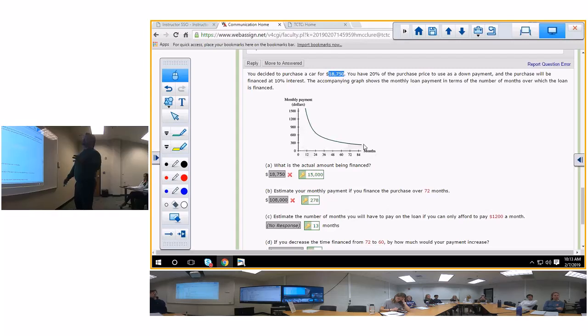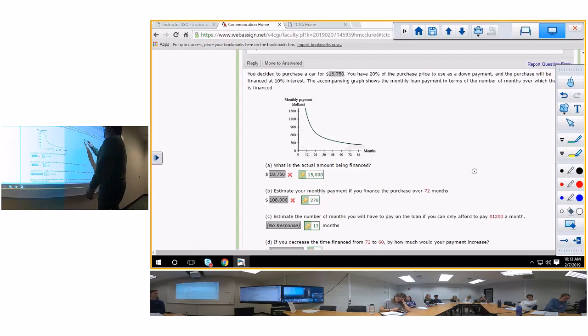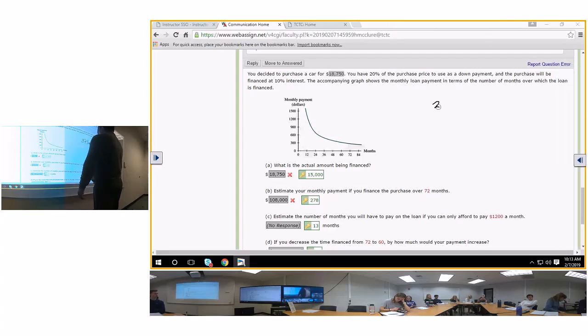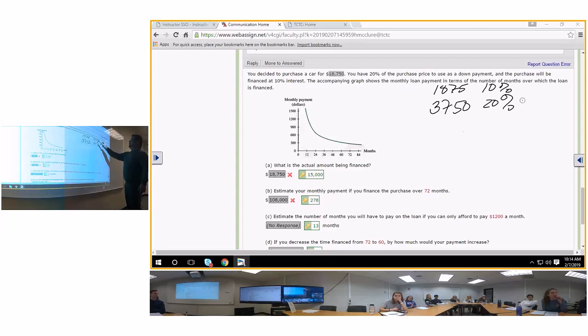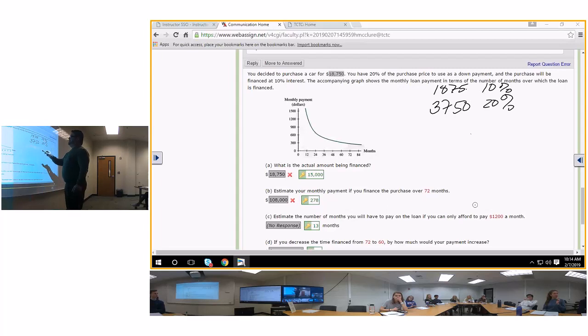I thought it said 10%. 1875 times 2 is 3750, right? So 3750 is 20%, because 10% is 1875. I multiplied 10 by 2 to get 20, and I multiplied this by 2 to get 3750.